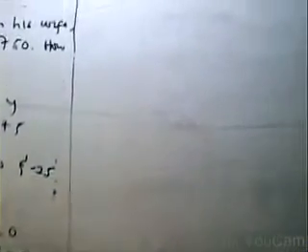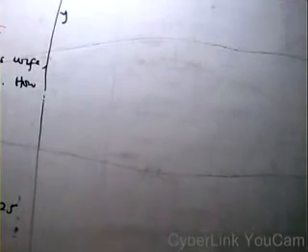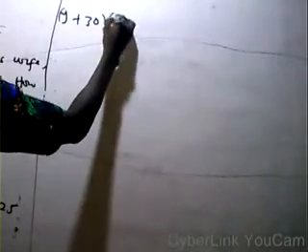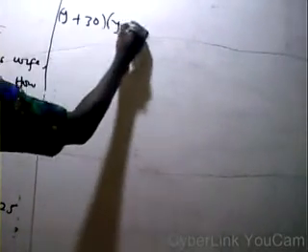So now we move on. Here we have y plus 30 into bracket y minus 25 equals 0.